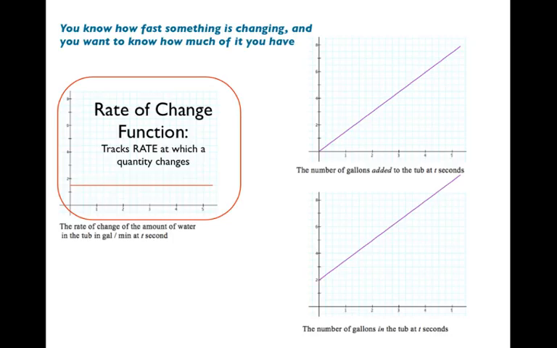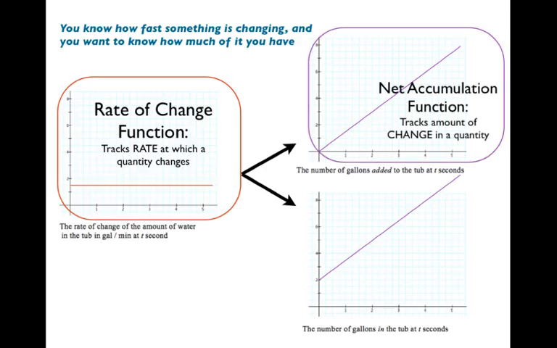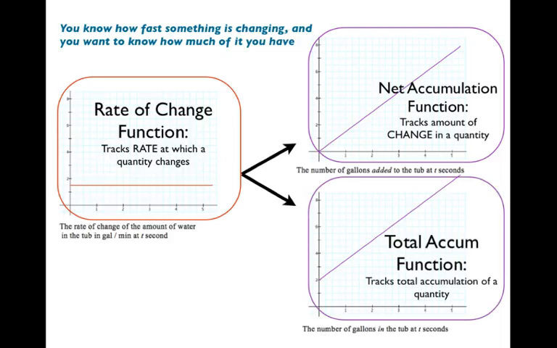So given the rate of change function, you know how fast something is changing. You want to know how much of it you have. Well, that could be net accumulation, a version of how much you have, but also total accumulation. That's also a version of how much you have. Both of these are kind of two different perspectives on how much you have, right? How much it's changed, and then how much actually you have. Okay? How much accumulation you've had.